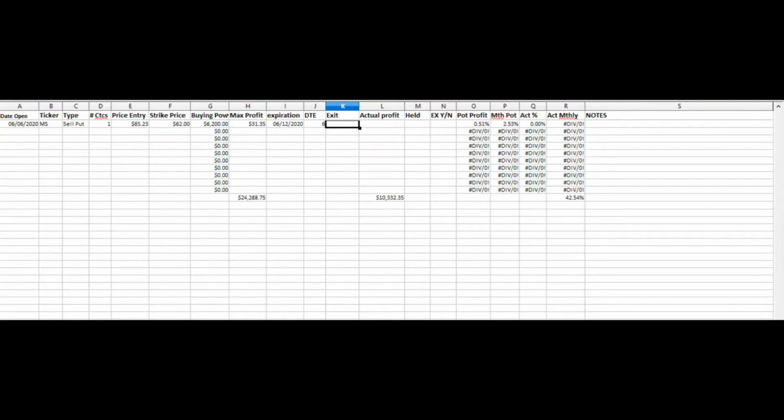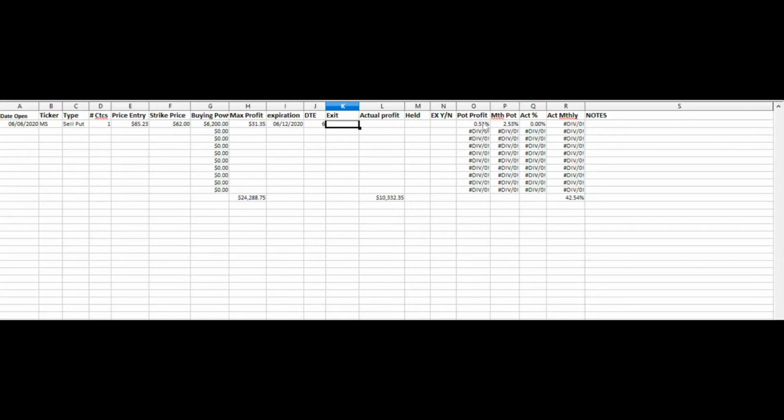And as you can see, this is the exit, the actual profit, the days held, and this is where I put if it expired worthless, or if I exited early, or if I rolled it. You'll see that in some of these. But immediately what it does is it shows me my potential profit percentage is 0.51%, which is the maximum profit divided by the buying power.